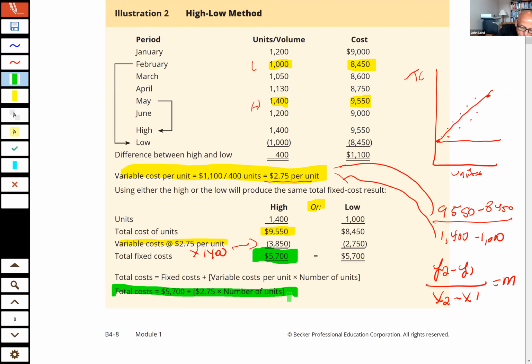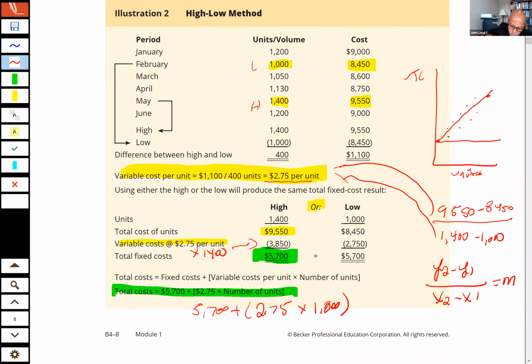That's kind of a lot of units, that's going to be a weird number, so I better not do that. Let's make it 1,800 units. Times 1,800 units, that should come out to what? 5,700.